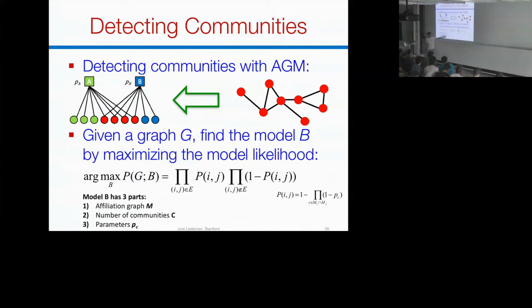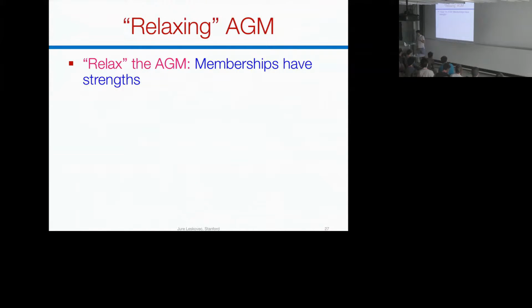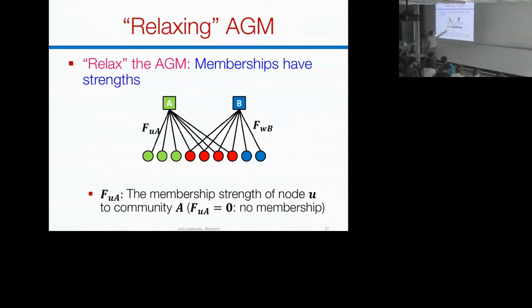So here is the way you can start thinking about fitting this. We will relax this model a bit. The way we relax it is to assume that memberships, me belonging to a given group, come with a given strength. I still have this graph as before.